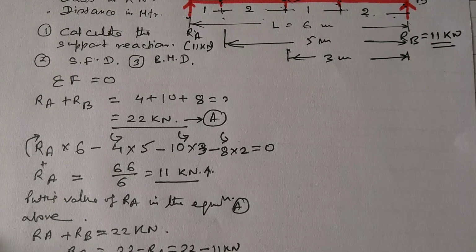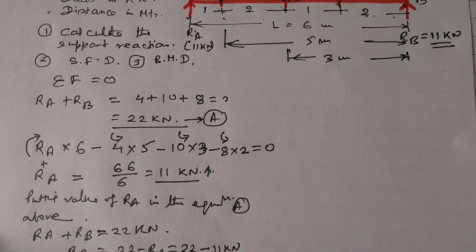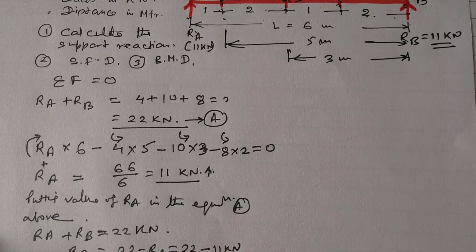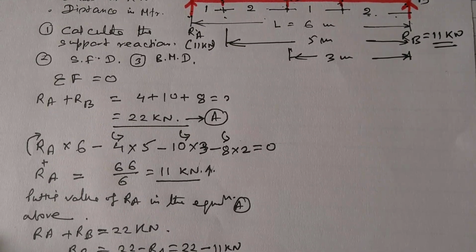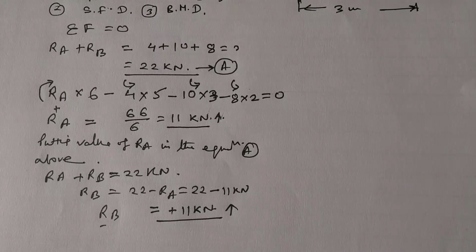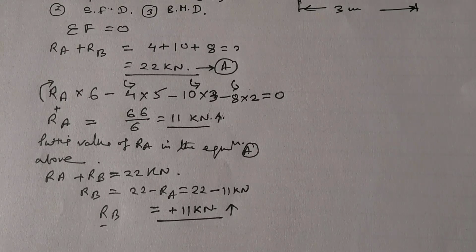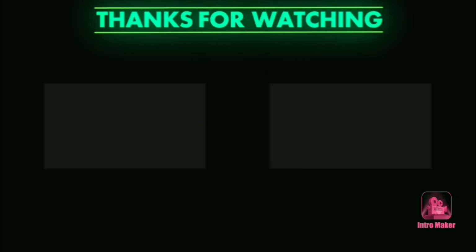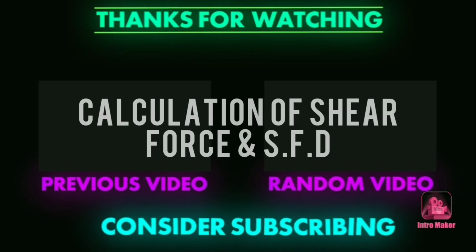After adding the algebraic sum of all the forces, either left hand side or right hand side, you will get the value of shear force at that point. So next part is how to calculate the shear force diagram and shear force calculations.